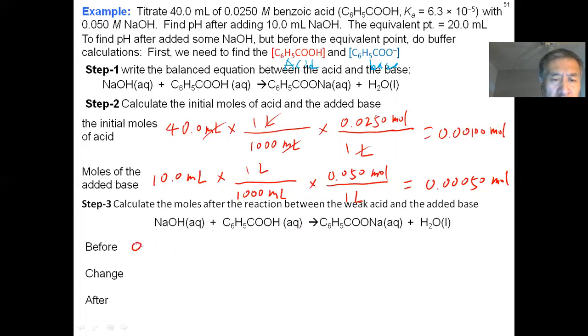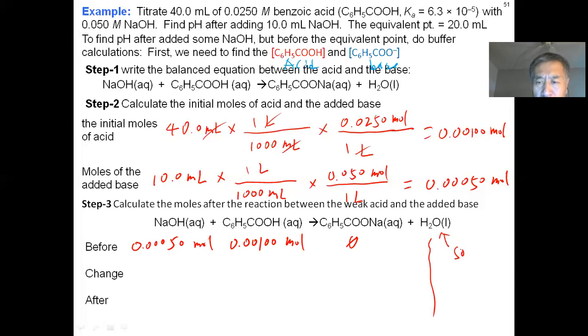We see this is 0.00050 moles. Initially, how much benzoic acid do we have? We have 0.00100 moles. Initially, we don't have any moles of the conjugate base. Water doesn't matter because water is the solvent and there is a lot of water, so we don't worry about that.